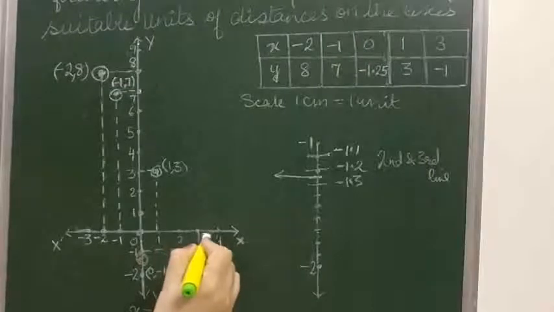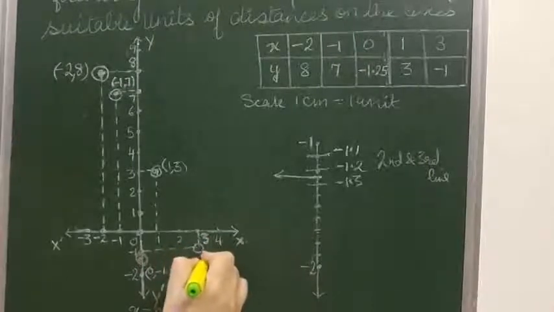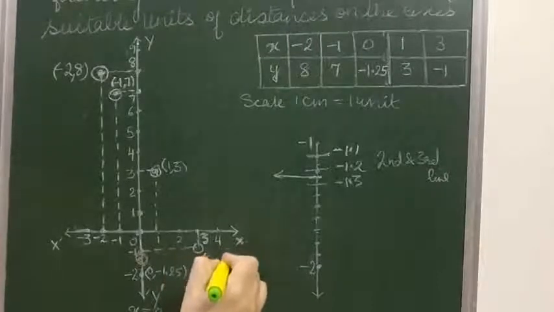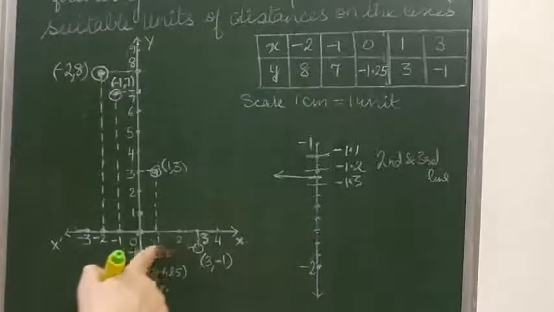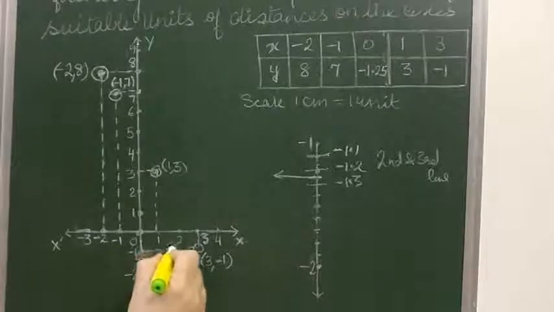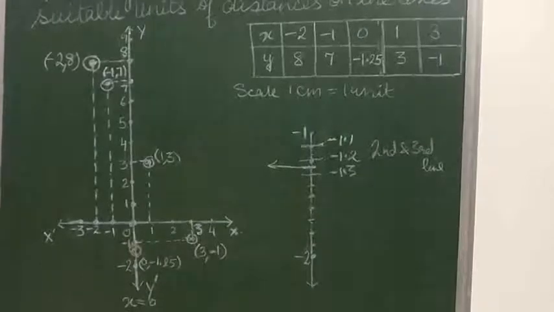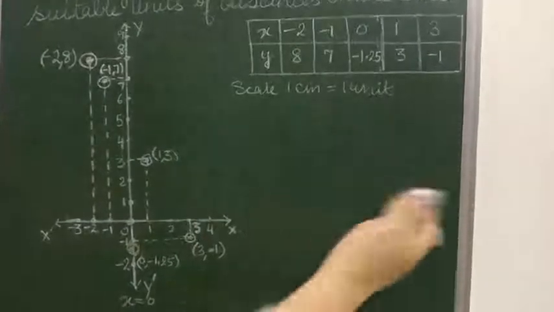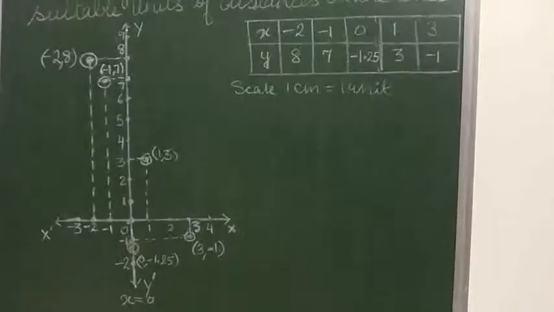So this point you get, x we write first and then we write y, 3 and -1. So this is the way you have to plot it. Have a look at it. Like this you are going to draw, right?